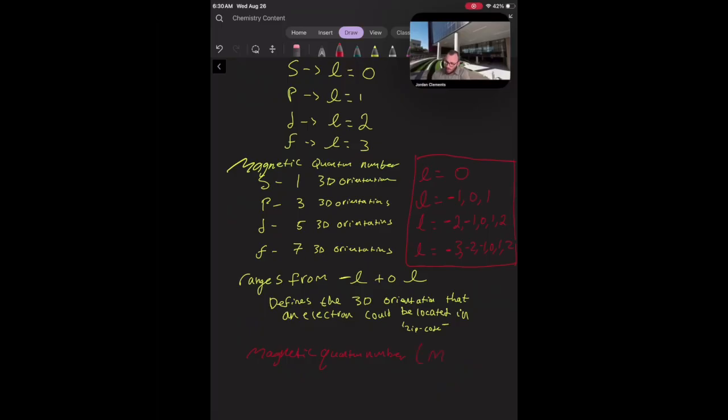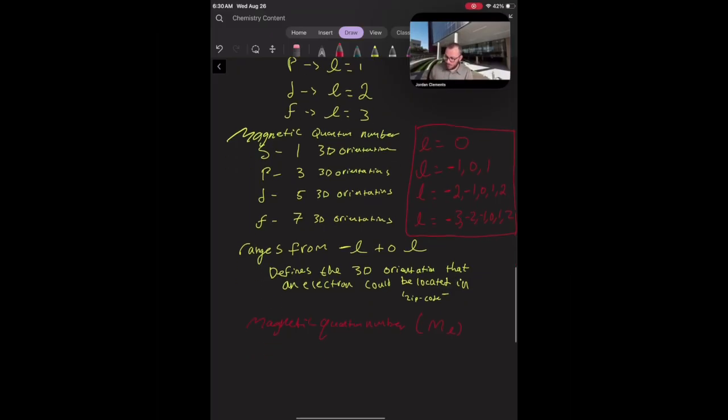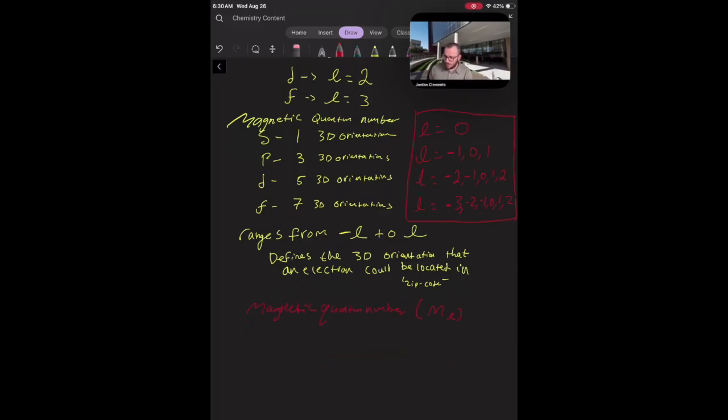So m sub l is the magnetic quantum number, because we use the angular number to define the number of 3D orientations in a specific orbital.